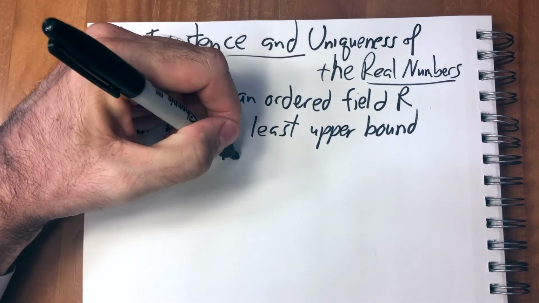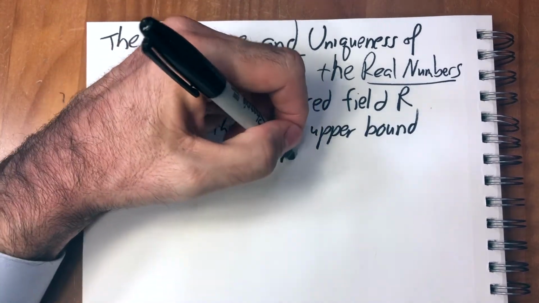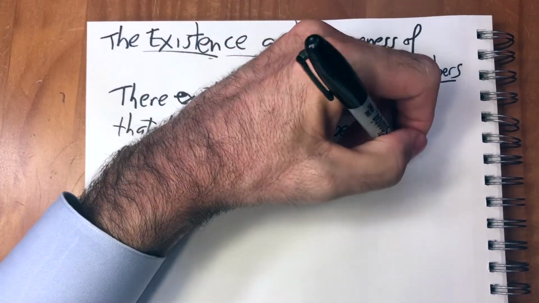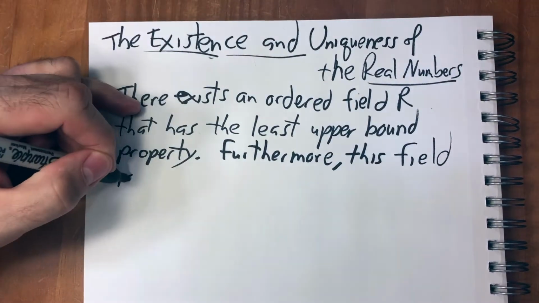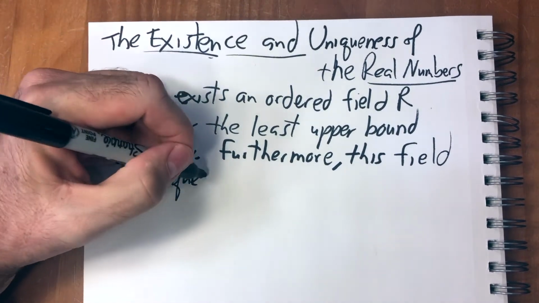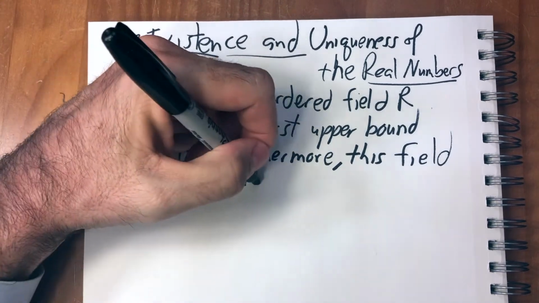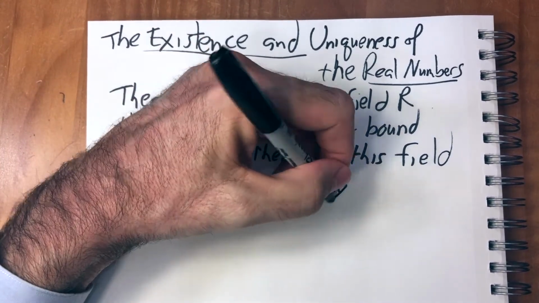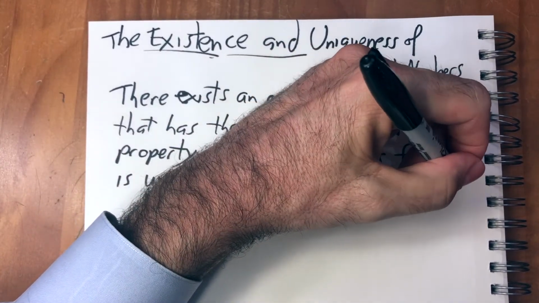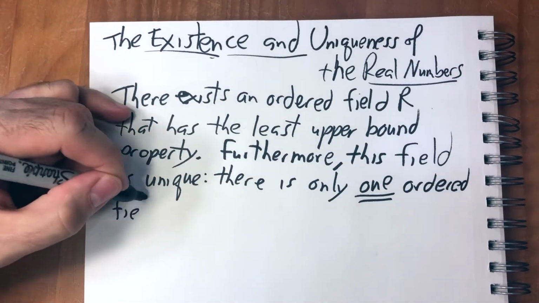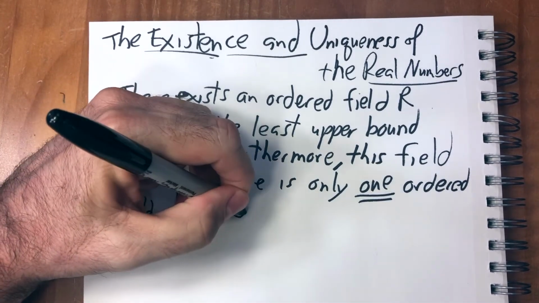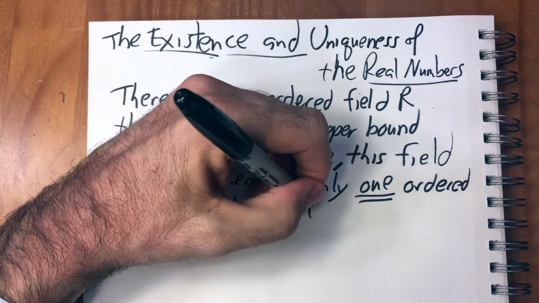Furthermore, this field is unique. There is only one ordered field with the least upper bound property.